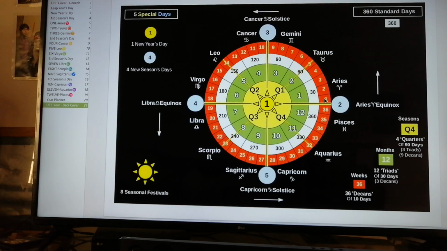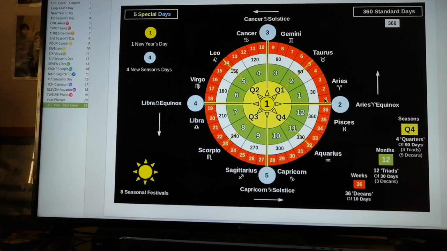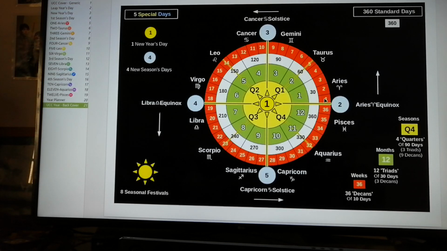Okay, so if you study ancient Egypt, you'll see they had a calendar made up of 12 equal months of 30 days, all with 3 decans of 10 days. Now, I didn't know that when I created this calendar. I found that out later, but I took that as a good sign I was on the right track.